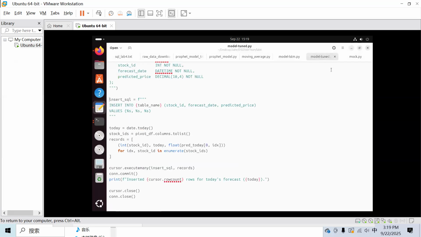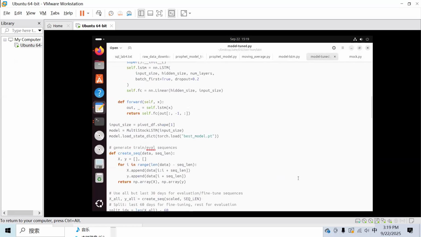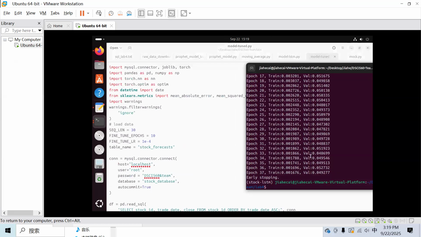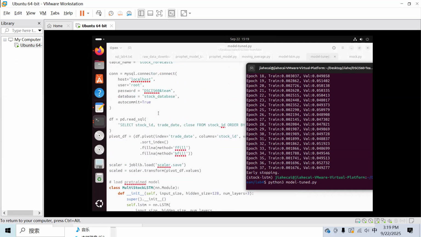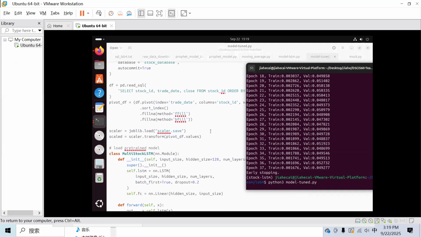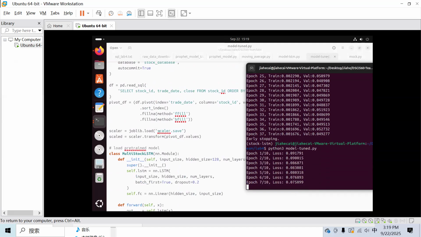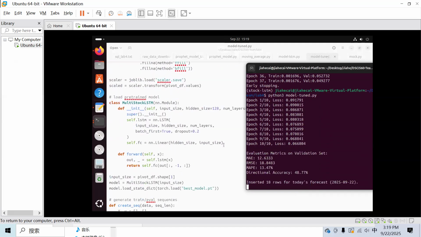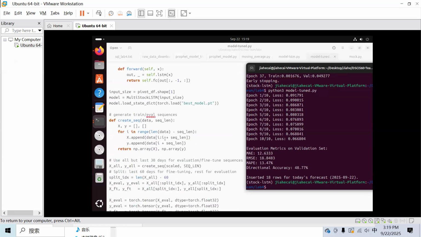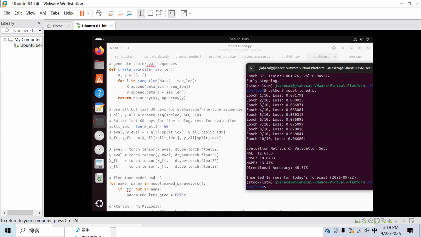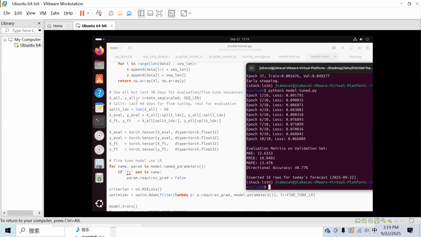Then I tune the model with the latest information. In the separate model tuning Python file, I also process the data using the filling and the saved scaler. And then I calculate using the same MSE loss to train the model.